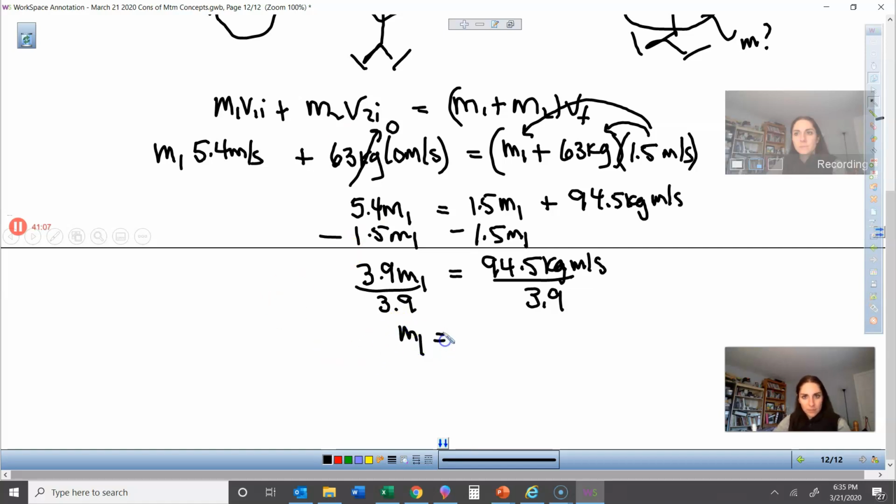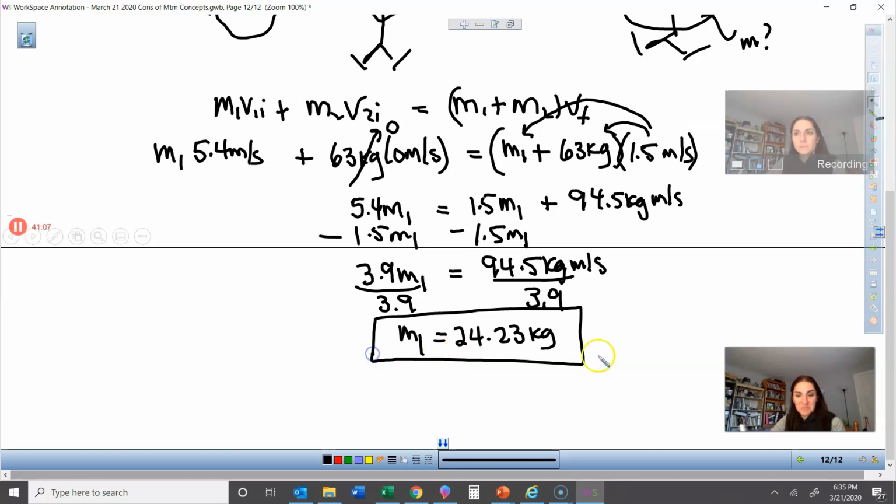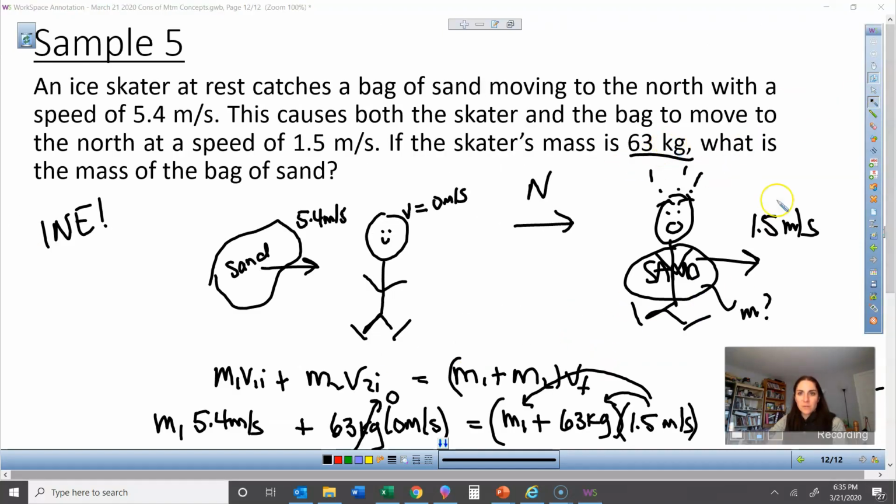M1 is about 24 kilograms, perfect. That's the answer. It's always nice. It's a heavy bag of sand. Sand is heavy. And that looks about right. So it's not bigger than a person, good, but it's pretty heavy, which makes sense.